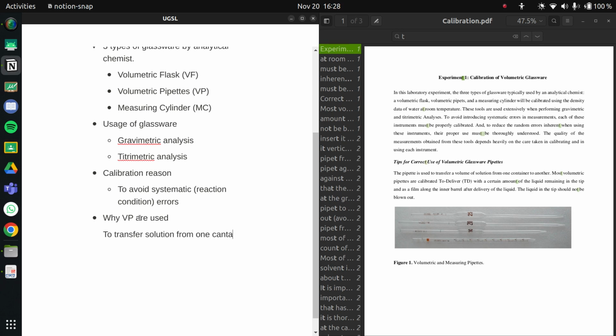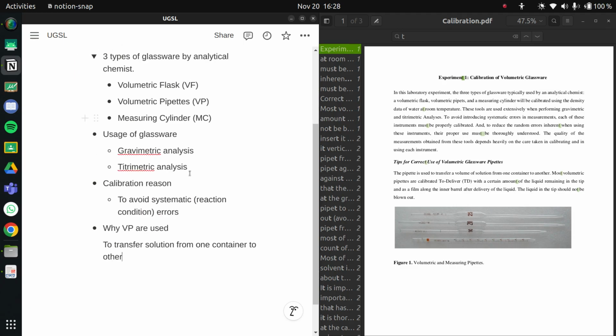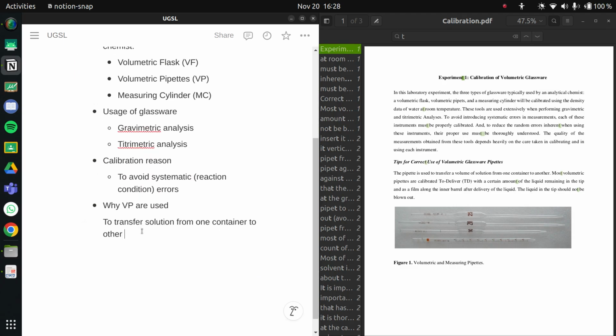This is very kind of obvious. Volumetric pipettes are in fact glassware, and they are different from normal pipettes that you have.